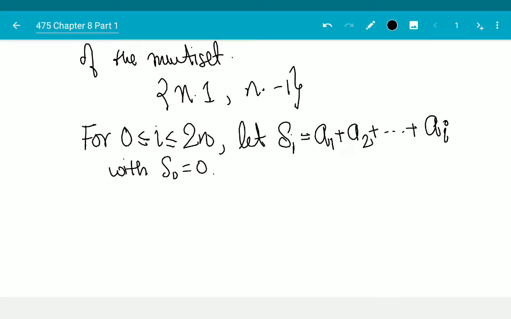Okay, so great. If you want to look at an example, take n equal to 3. Let me take the sequence 1, -1, -1, 1, -1, 1, right?